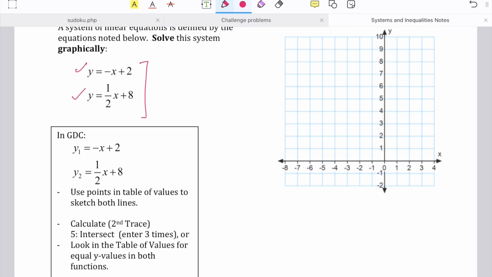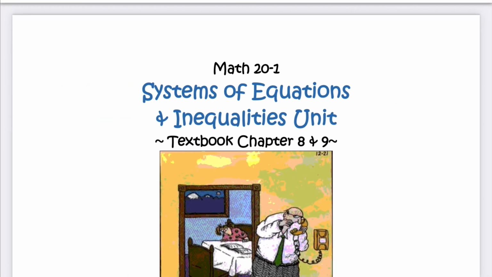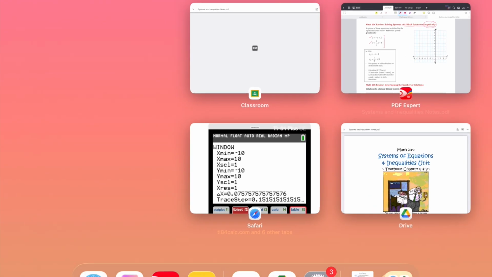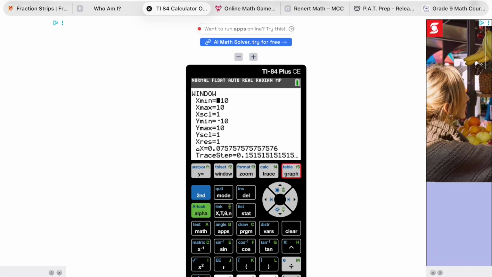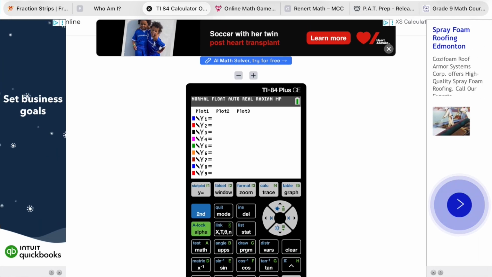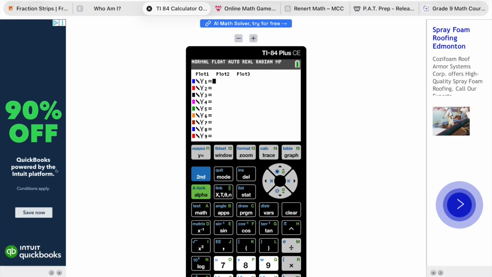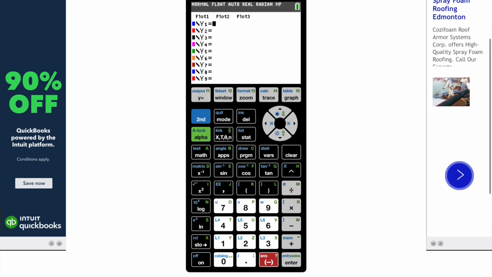Okay, so what we're going to do is, because it says graphically, we are going to open our graphing calculator. Click on Y1, everyone. You'll put your first equation, which is negative x plus 2, and then half x plus 8, and then we graph it.